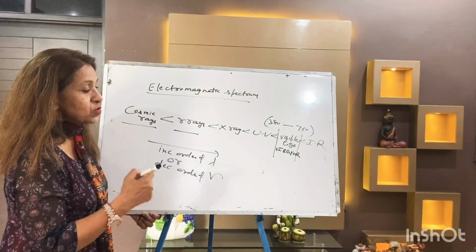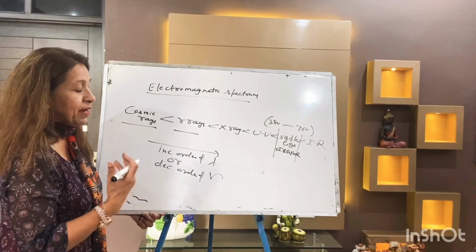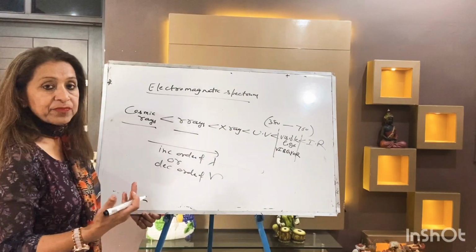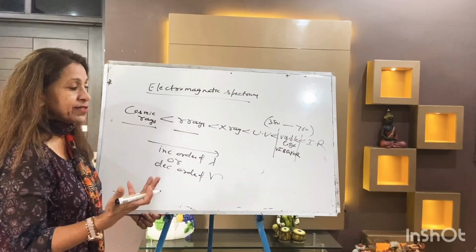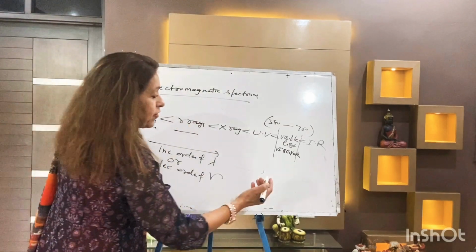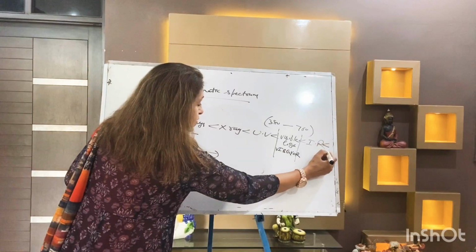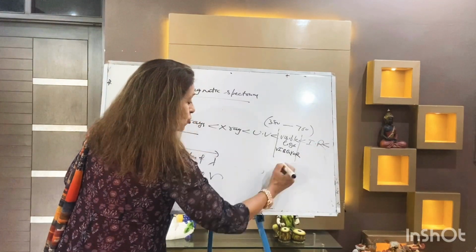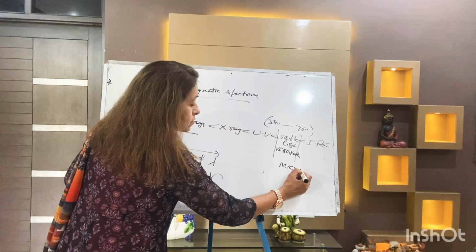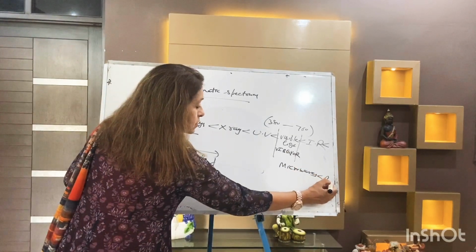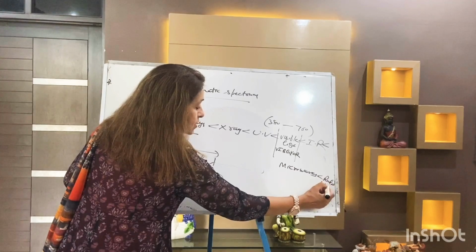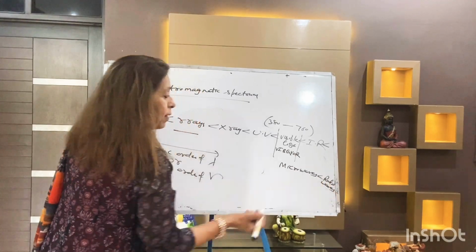Next is IR, infrared rays, very hot rays coming out from hot objects. After that there are microwaves and radio waves. Last, at the end, you will write microwaves, which we use in cooking food, and radio waves. Radio waves are used in broadcasting.